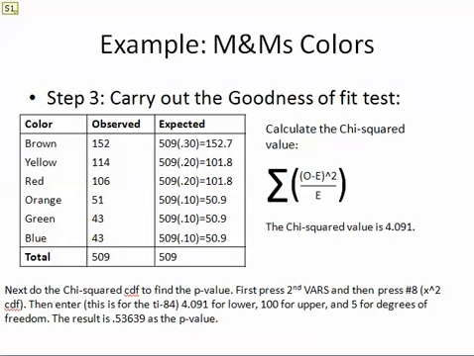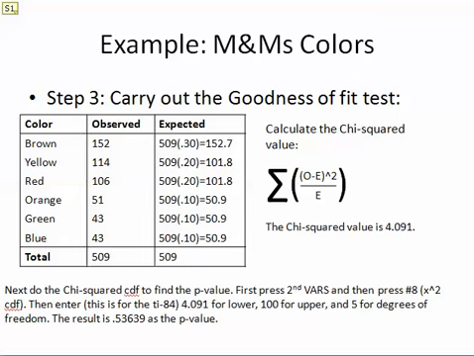Calculate the chi-squared value. The chi-squared value is 4.091. Next, do the chi-squared CDF to find the p-value. First, press second VARS, and then press number 8.